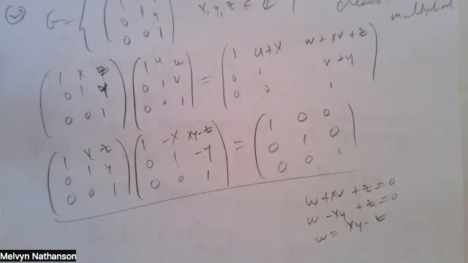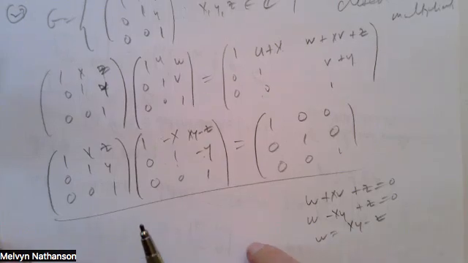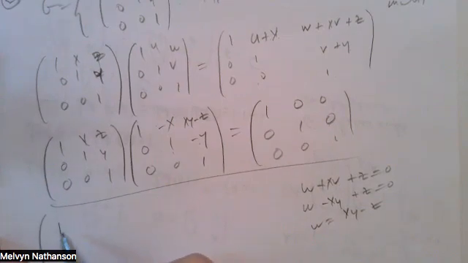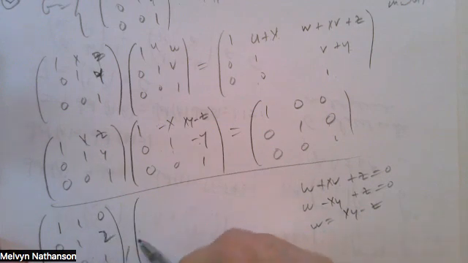I believe the following would work. If I take 1, 1, 1 on the diagonal, zeros below, and make this a 2, make this 0 and this 3.